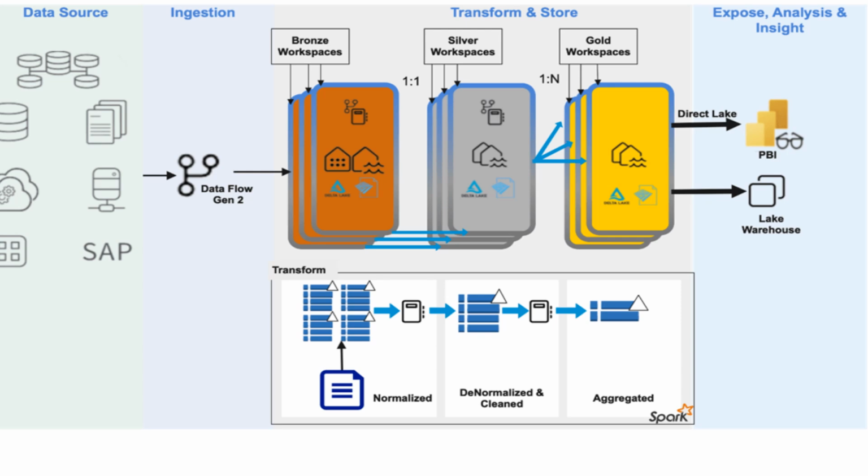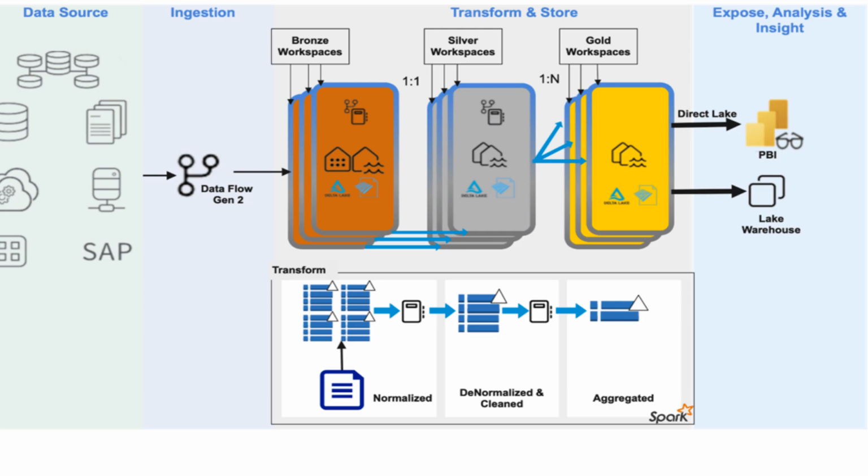In the bronze layer, we used to have normalized data, meaning there are a lot of tables. If we have denormalized data, we do normalization in the bronze schema, in the bronze layer. We will be discussing the advantages of this in future. Next comes the silver layer, and the other is the gold layer, which is our main layer, used for reporting.